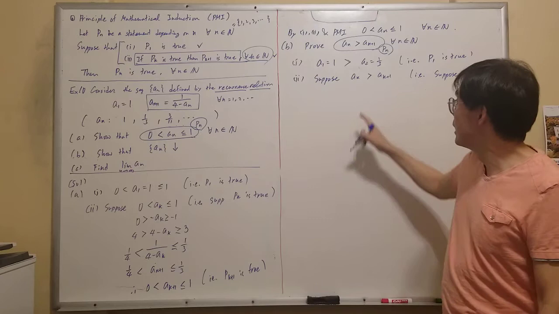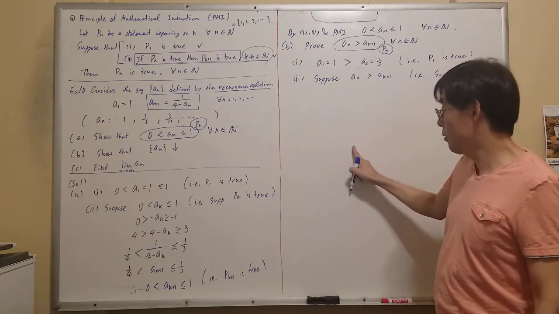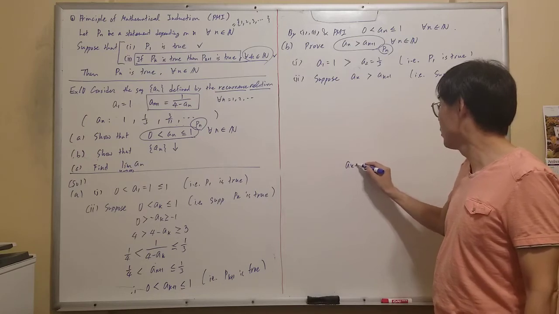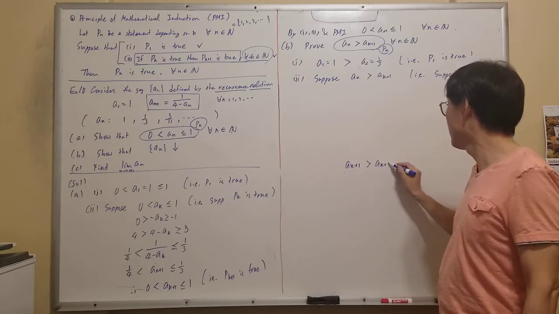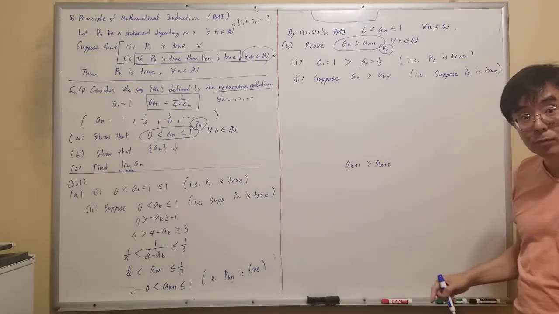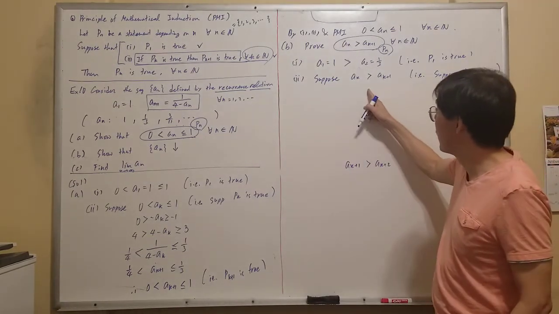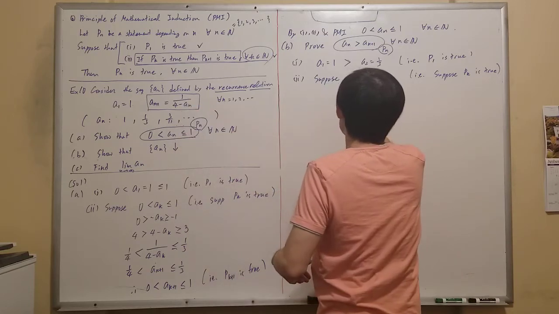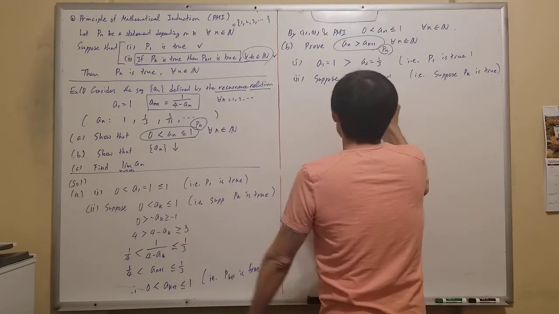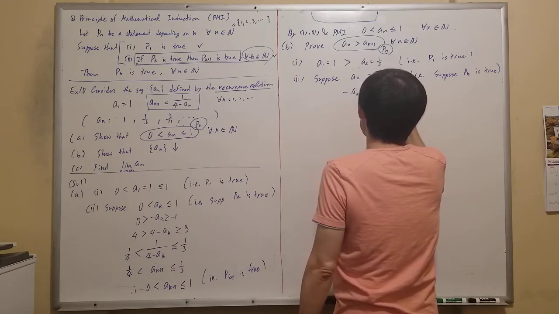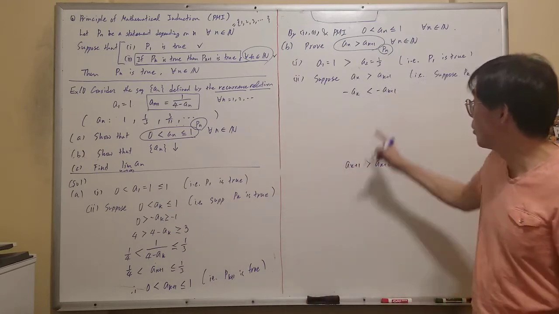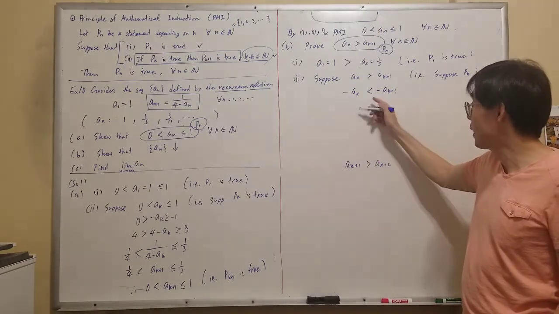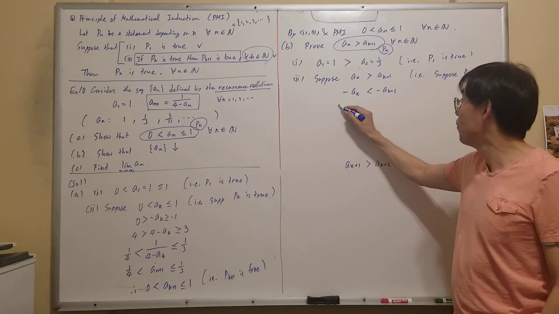Then, from there, we want to establish that a_{k+1} is also greater than a_{k+2}, that the next statement is true. So, let's do that. Again, we have to go through this. Minus a_k, just like we did here, is less than minus a_{k+1}. Multiplying both sides of the inequality by a negative number flips the direction. And then adding 4.